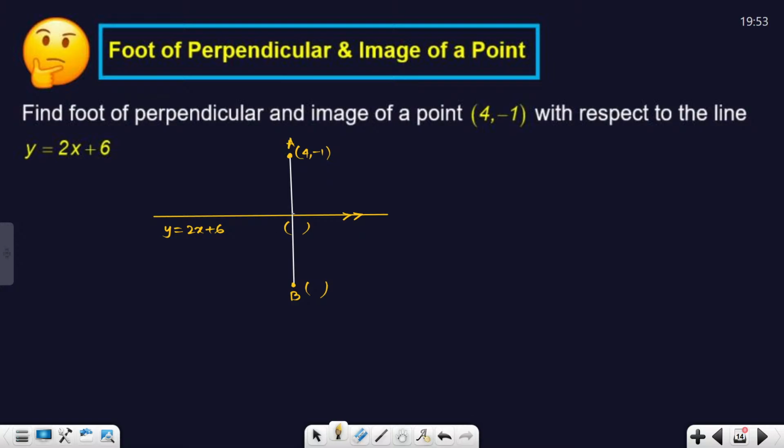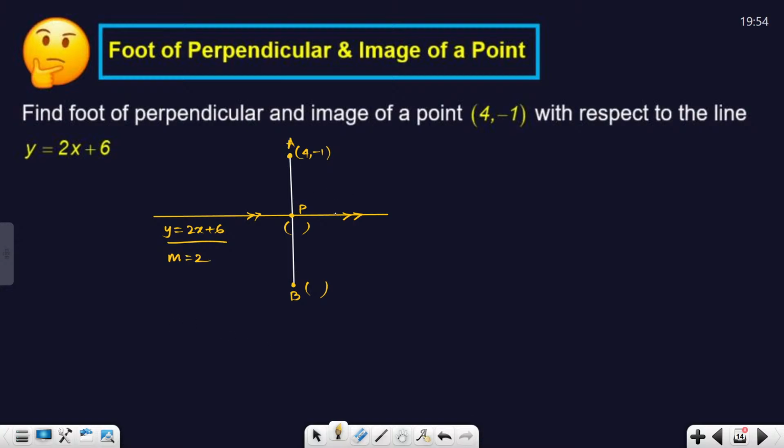Okay, so what is the logic? Let us say the foot of the perpendicular be P. How to find out the foot of the perpendicular? A simple logic I am giving you. You know the equation of this straight line, which is y equals 2x plus 6. It means you know the slope of this line, and the slope of this line is nothing but 2.